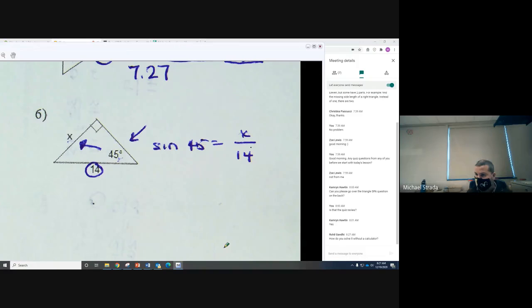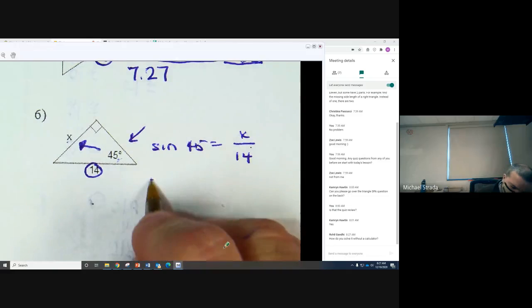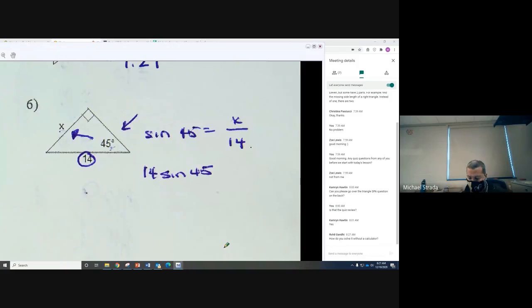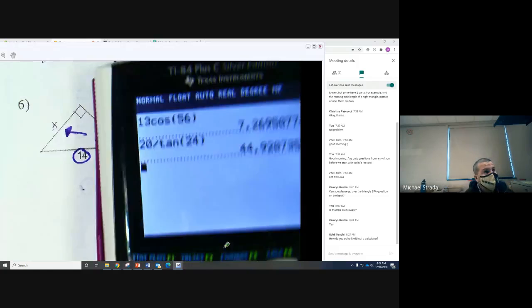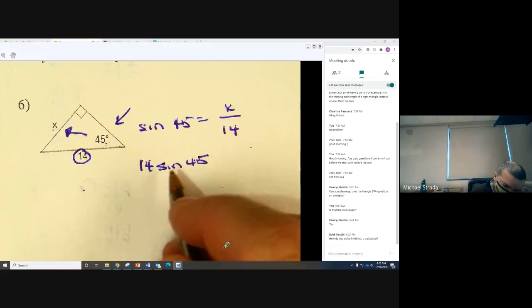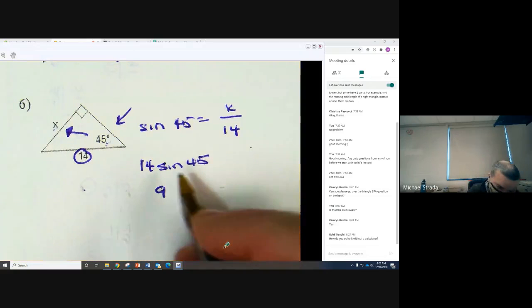How do I get rid of a division by 14? Of course, I multiply. So 14 sine 45. You go to your calculator, you do 14 sine 45, and it shoots out 9.89, which rounds up to 9.90, I believe.